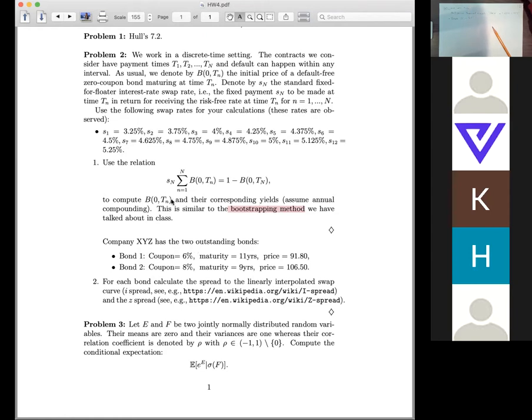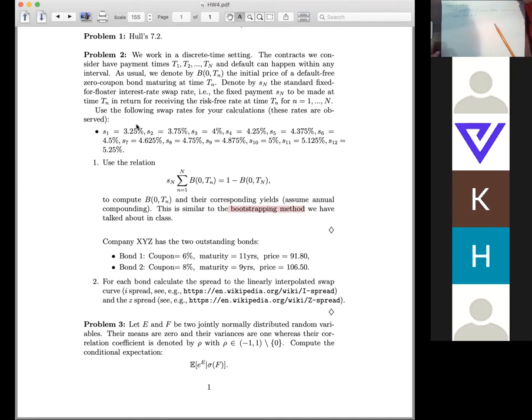This is one of the new things. This is not something that we had in the course last year. So this is an attempt at making the course closer to implementation. To do this problem properly, we need to know what a swap is.